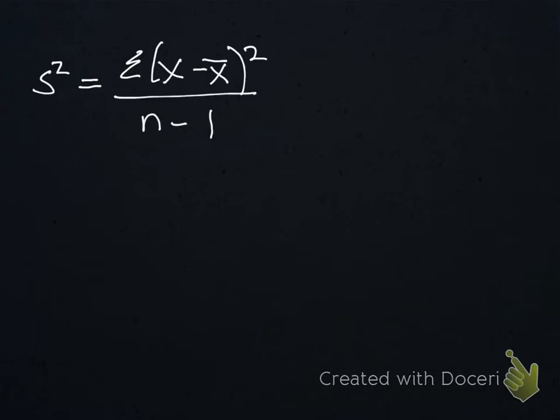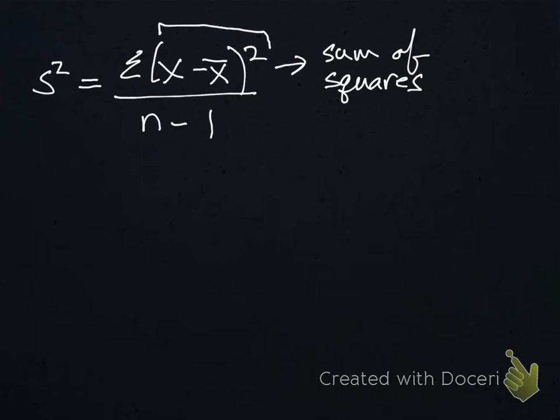In the numerator, we have the sum of each score minus the sample mean squared over this n minus 1. And these two components have very specific names. The numerator is what we call the sum of squares. The full name is the sum of squared deviations from the mean. So the sum of each score's deviation from the mean, and that total.